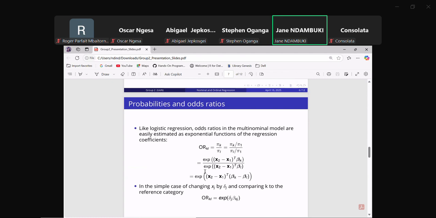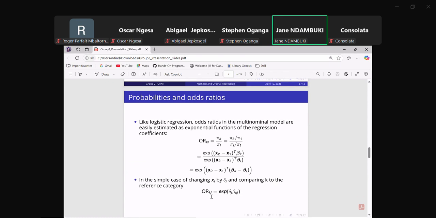And then we can exponentiate to get the odds ratios. For this simple case, OR_kl equals exponential of delta_j times beta_kj.